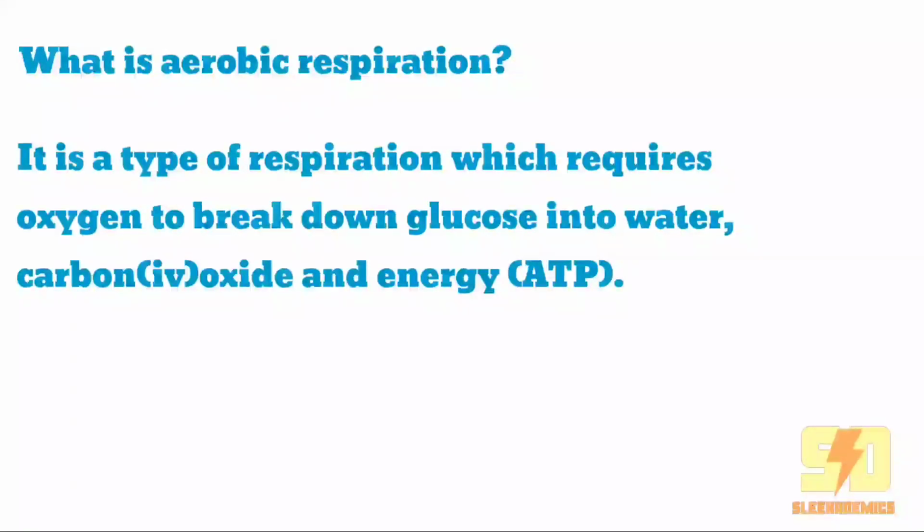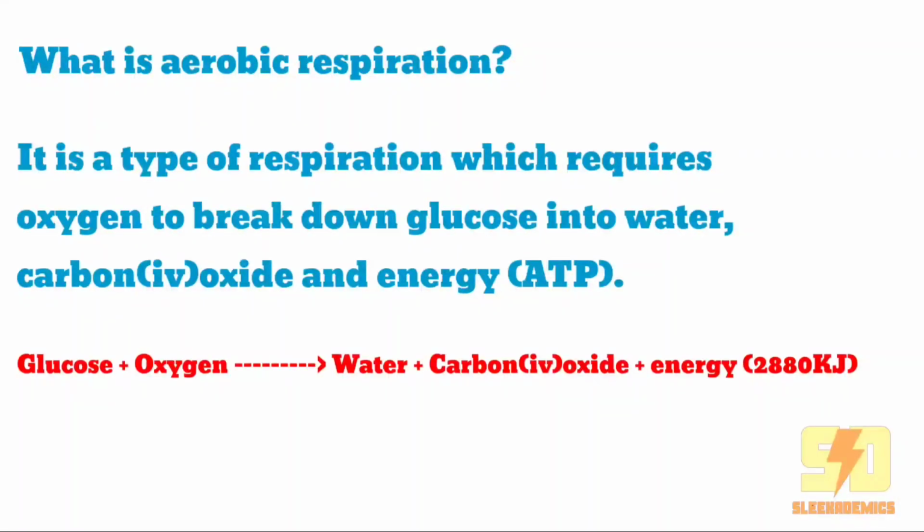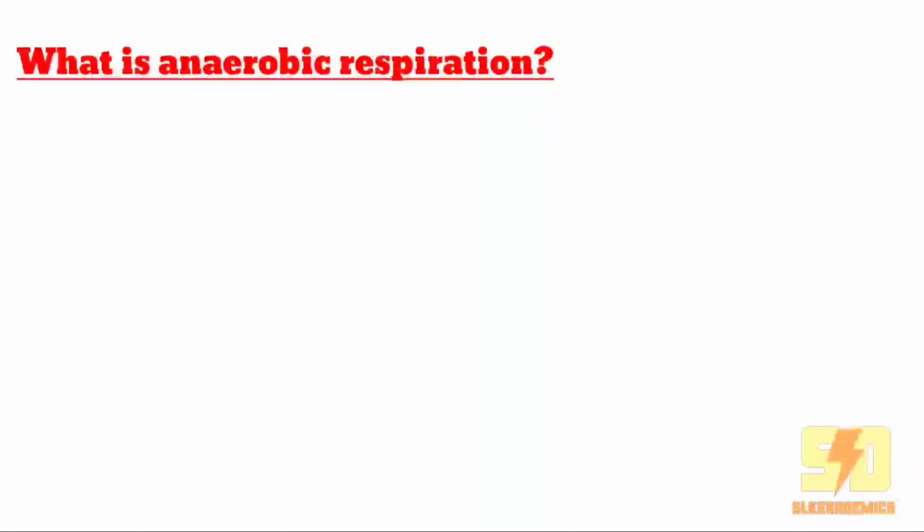And the formula is as shown on the screen. Glucose is oxidized, or broken down, in the presence of oxygen to give us water, carbon dioxide, and energy measured in kilojoules.